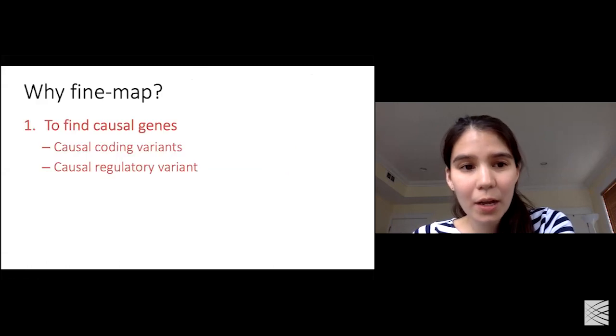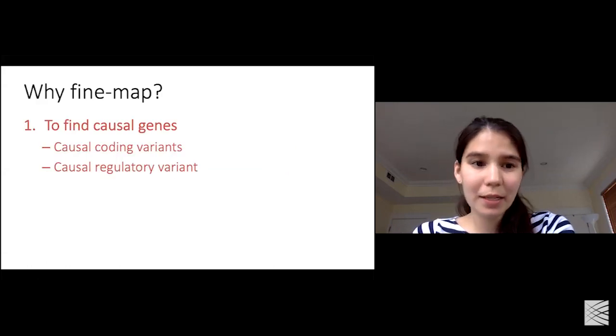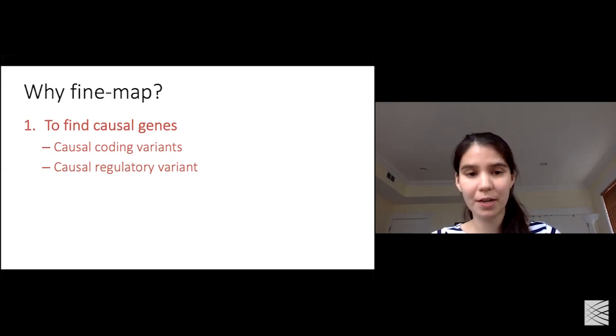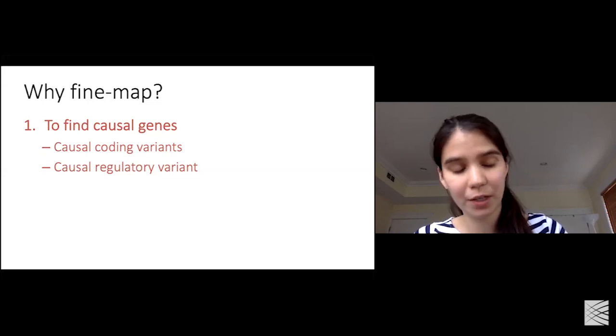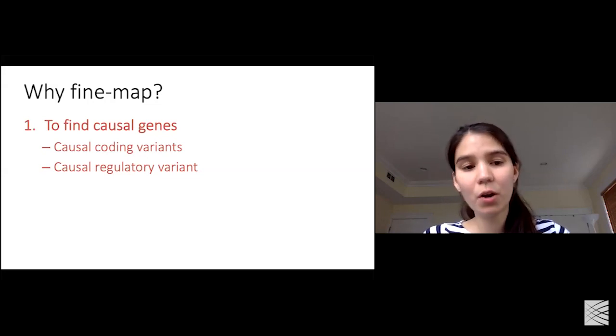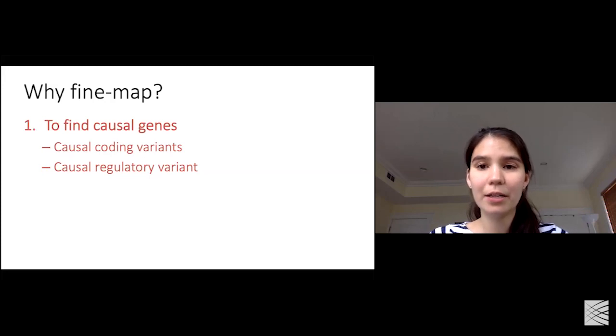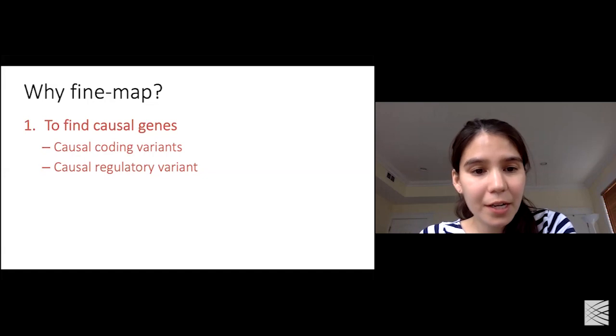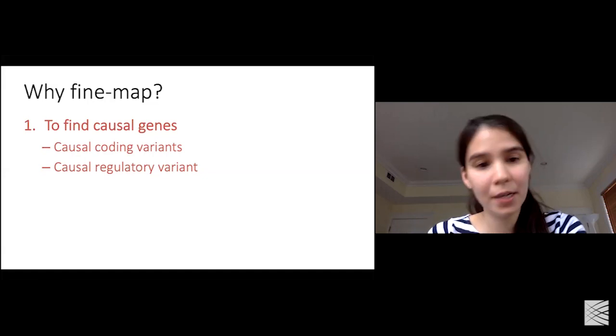And so why might we want to do something like this? Well, one reason is if we're interested in genes, if we can identify the causal variants, then these variants sometimes implicate genes. For example, the variants may be coding variants that directly implicate a gene, or they may be regulatory variants that we can then tie to a gene.